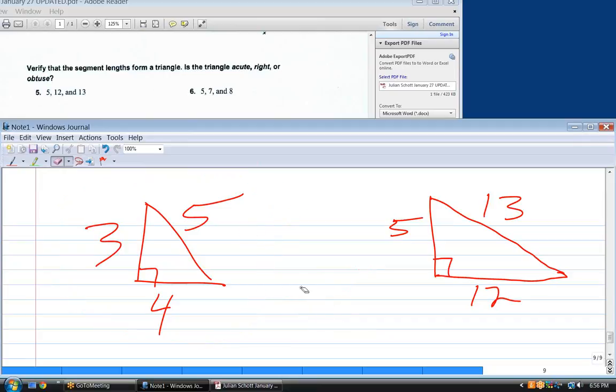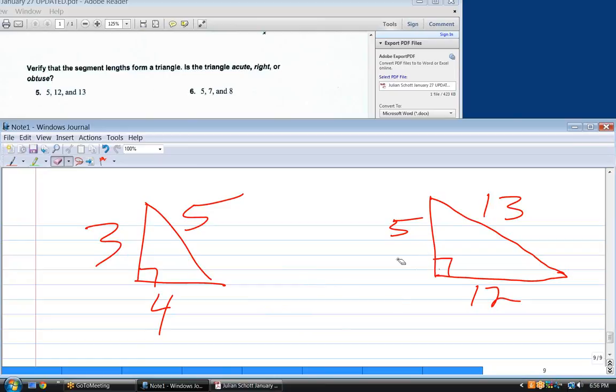Both of these you want to memorize. These are the 2 lowest perfect Pythagorean triangles. In other words, there's nothing with 6, 7, 8. That doesn't exist. 3, 4, 5 is the lowest. The next lowest is 5, 12, 13.